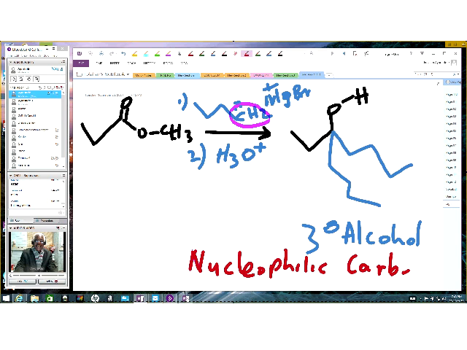In other words, that is the carbon that is going to attach itself to an electrophile. And also, therefore, we also know that anytime you have a carbonyl of an ester, a ketone, or an aldehyde, in this case, this carbonyl carbon here becomes your electrophilic carbon.